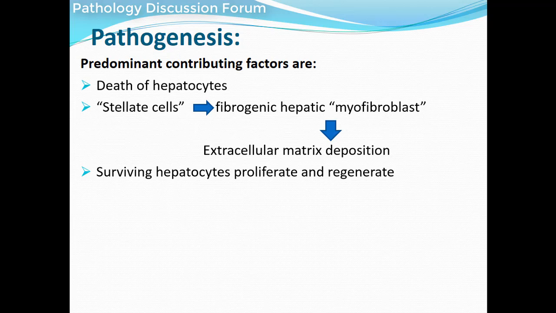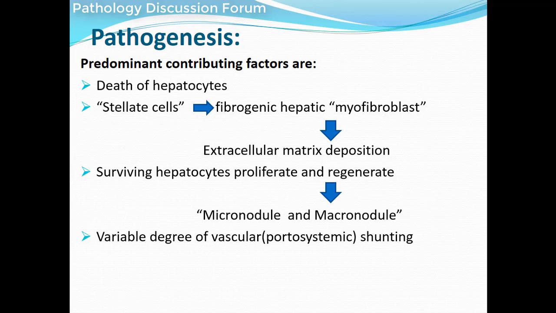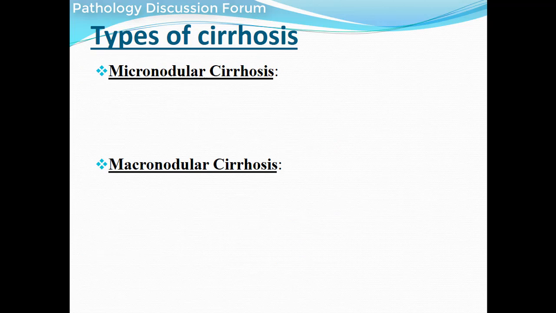Then the surviving hepatocytes proliferate and regenerate, which leads to formation of micronodule and macronodule. Also, there is variable degree of vascular shunting. Obliteration of the biliary channel leads to development of jaundice.